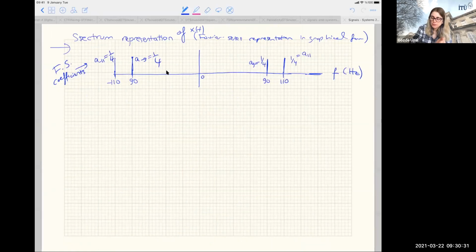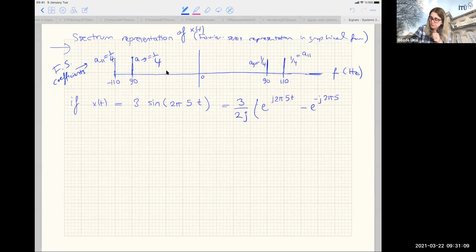So if, for instance, x of t was really, let's make it 3 sine 2 pi 5 t, and you can have another component, it's fine, but now it's only really writing this as 3 e to the... remember, or let's keep the original so you guys can remember the Euler formula: 3 over 2j, remember it's 1 over 2j, e to the j 2 pi 5t minus e to the minus j 2 pi 5t. Remember, this was the sine formula.